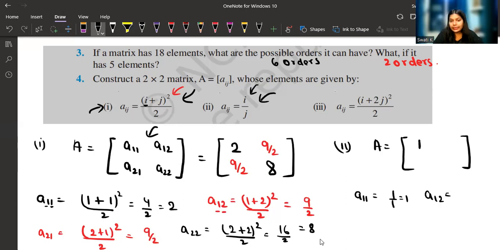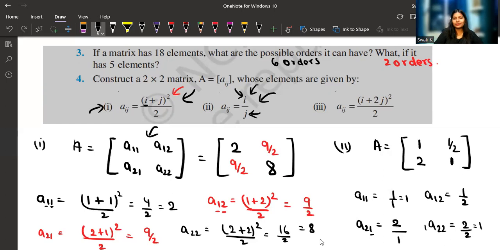That means I is 1 and J is 2. So 1 upon 2. Now next is A21. That means I is 2, because I is here in the numerator and J is in the denominator, and J is 1 here. So 2 upon 1. 2 upon 1 is same as 2 only. Now the next is A22. That means 2 by 2. What is the answer of 2 by 2? It is 1 only. So the answer is 1.